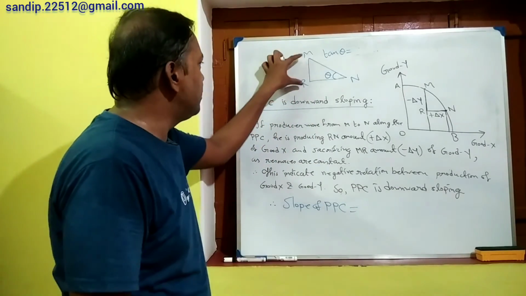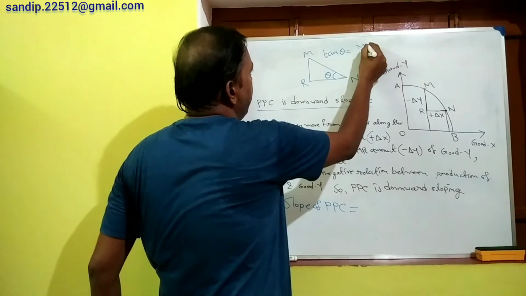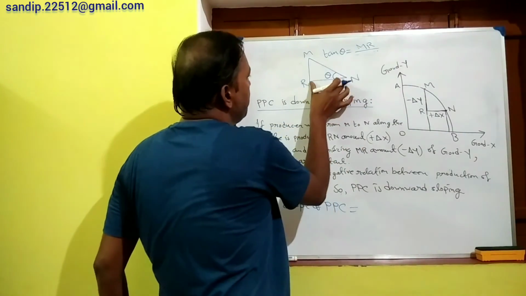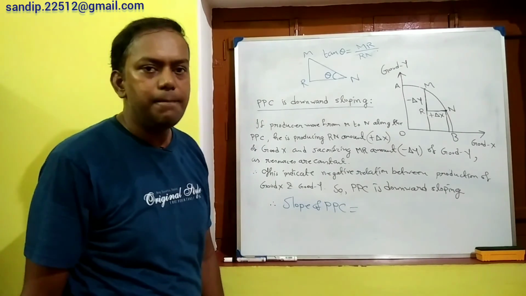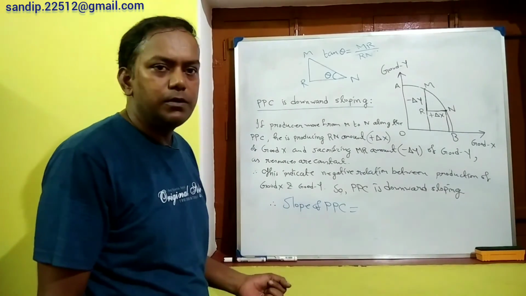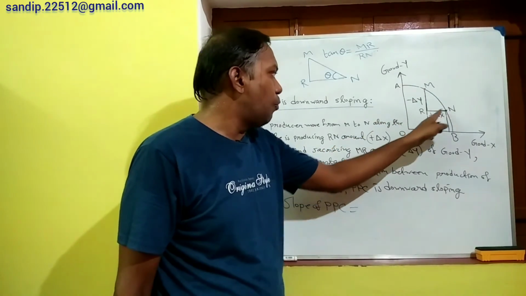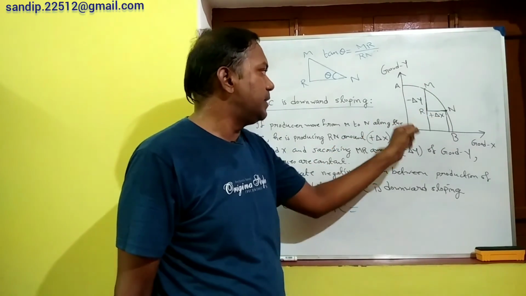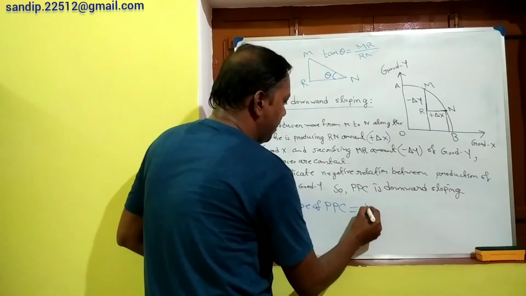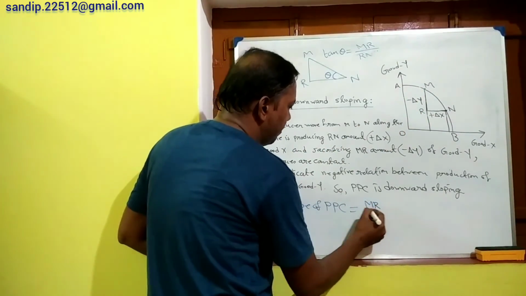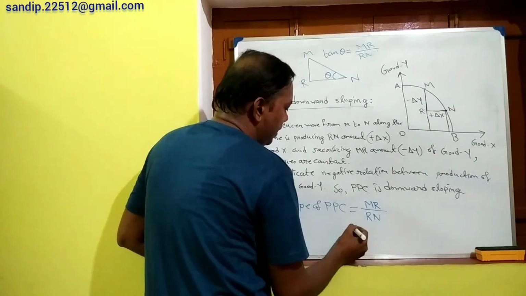So tan theta means what? Perpendicular, Mr, by base, Rn. Okay? So here also I can write the same thing: the slope of the PPC is the perpendicular, Mr, by the base, Rn.